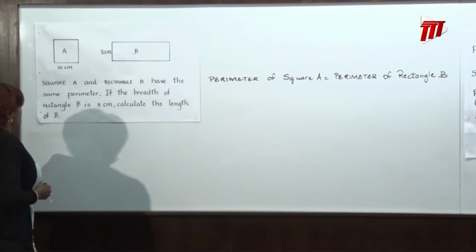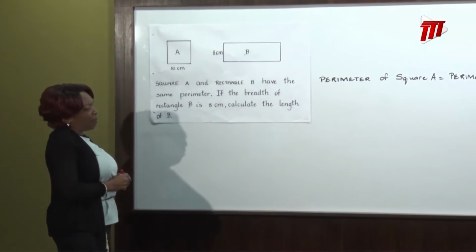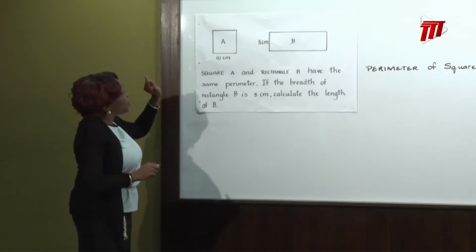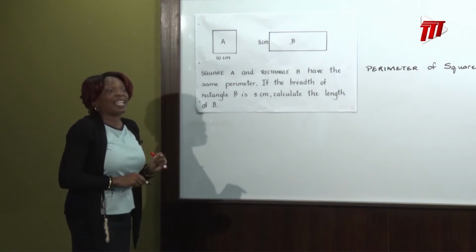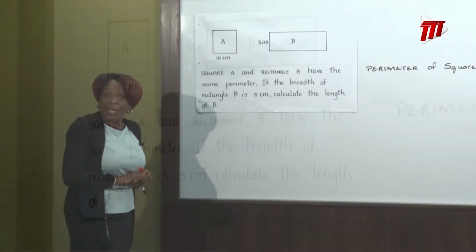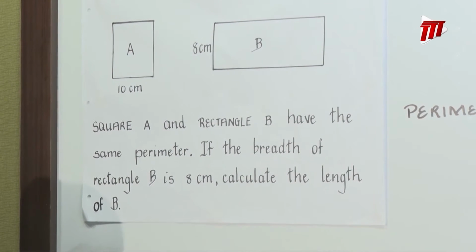But what can we find? If we know that the perimeter of square A is equal to the perimeter of rectangle B, can we find the perimeter of one of these? Which one? Square A has a side of 10 centimeters. Can we find the perimeter of square A? Yes, we can. Remember before when we looked at our formula?